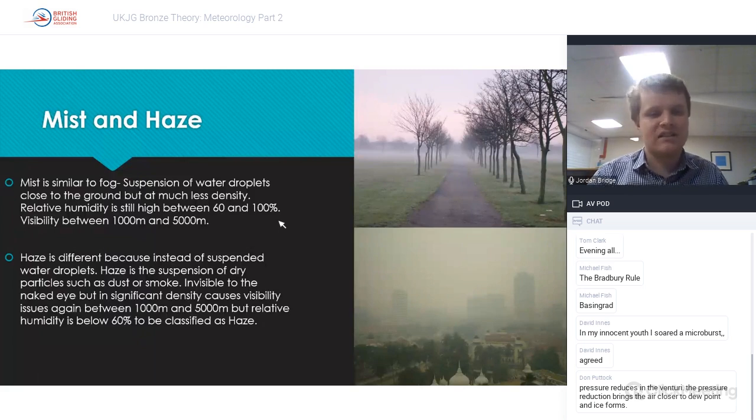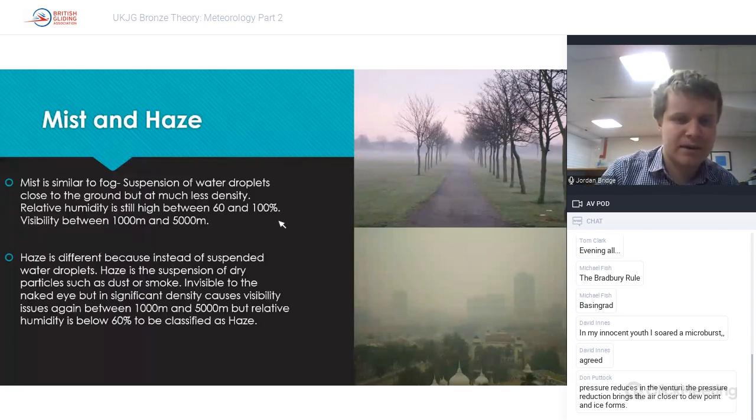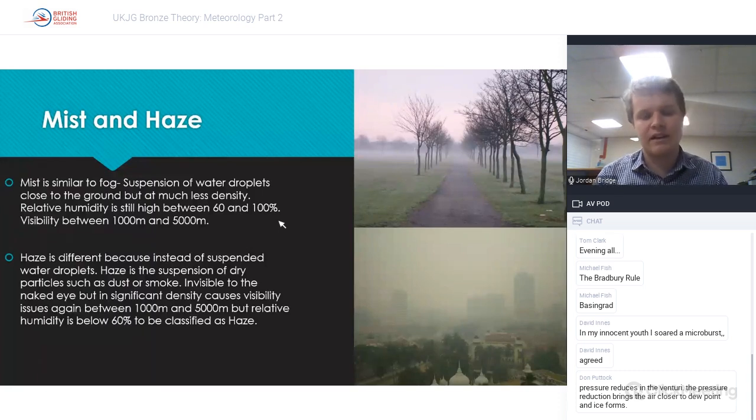As I say, it's not linked to humidity as much, because for it to be classified as haze, the relative humidity must be less than 60%. Again, though, it will generally be between 1,000 and 5,000 meters. So fog below 1,000 meters, and 1,000 to 5,000 meters, depending what it is, either mist or fog. Smoke can get in there too, but gone are the days of burning lots and lots of stubble.